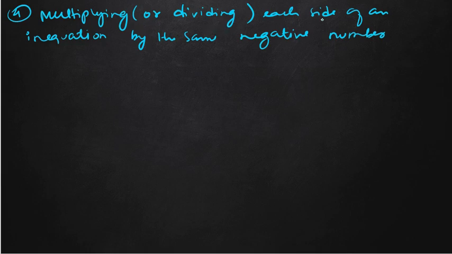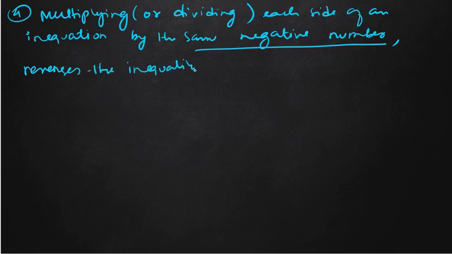That means if we multiply or divide both sides by the same negative number, then this reverses the inequality. Okay, a negative number reverses the inequality. That means it changes the sign. If it was less than, then it will become greater than. If the sign was greater than, then after dividing or multiplying by a negative number, your sign will be changed.